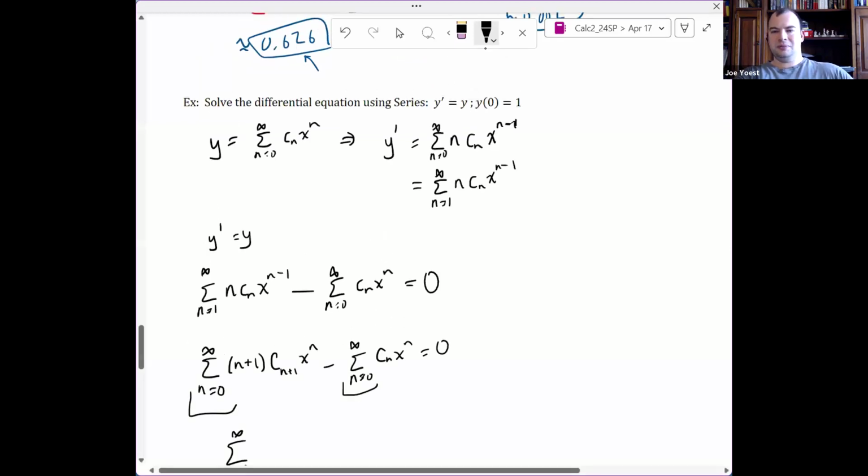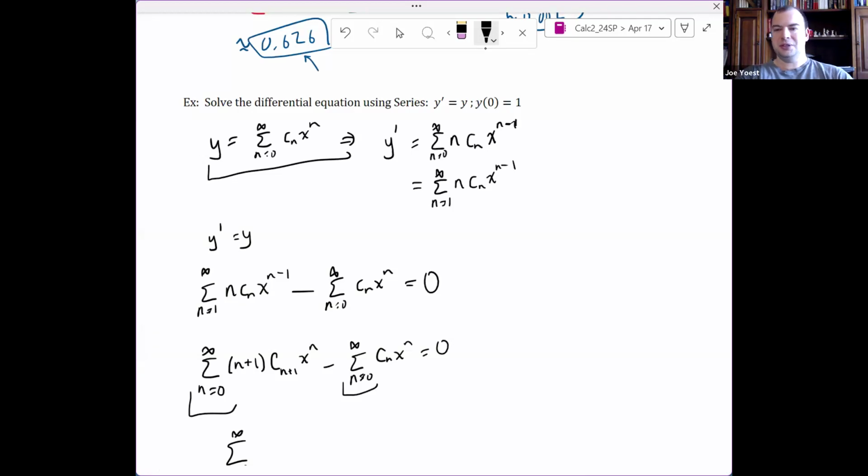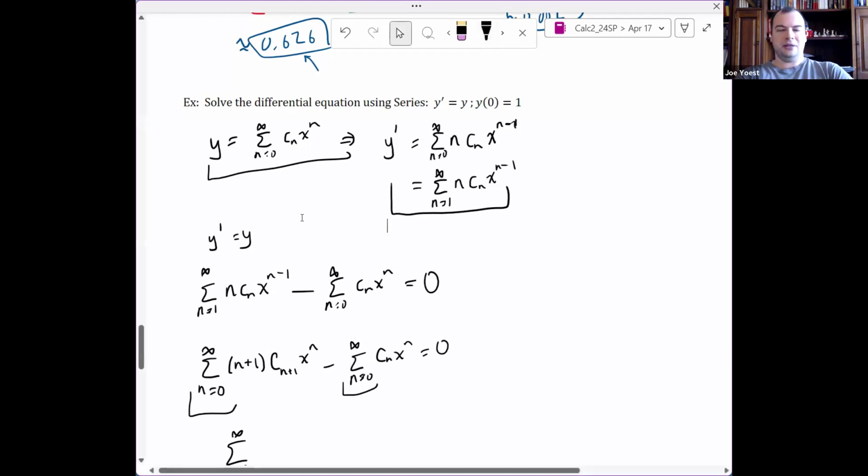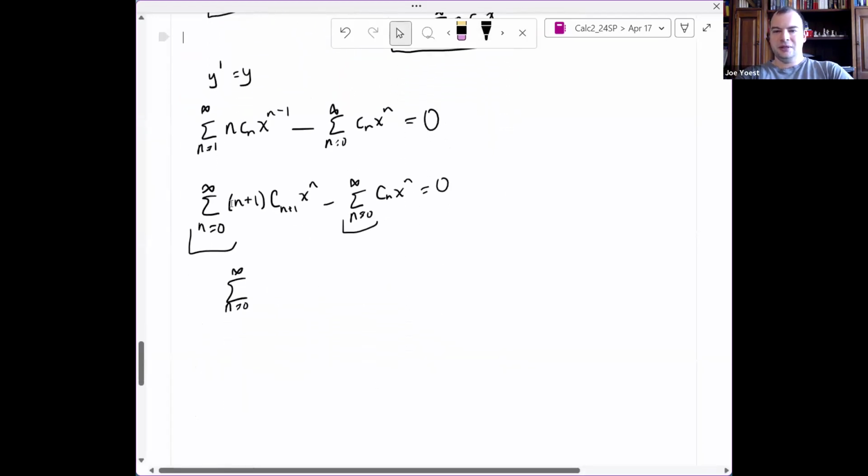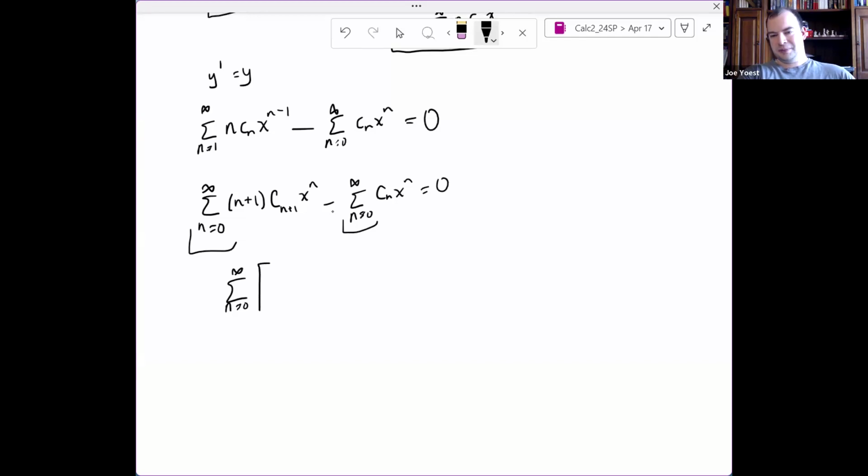Well, I mentioned before that we're assuming that we're working on the interval of convergence, let's say the open interval of convergence, of the original series, and the derivative has the same open interval of convergence by the theorem up above. So these two series converge, and I can wrap their difference under a single sum.